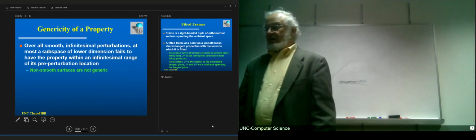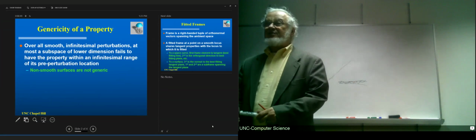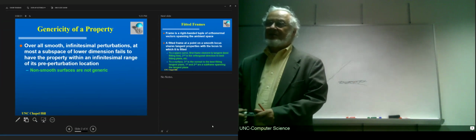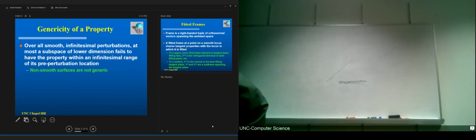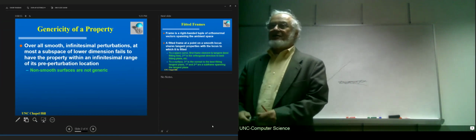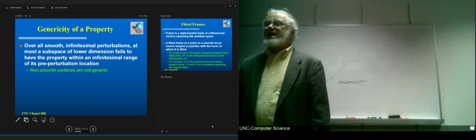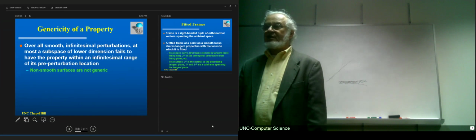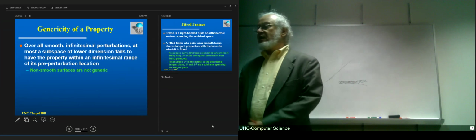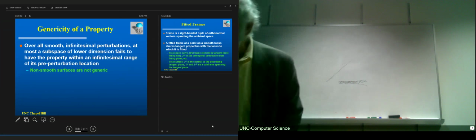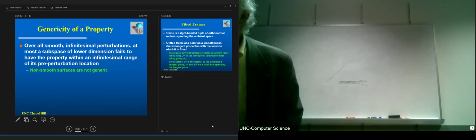Moreover, neither is any flat n-dimensional thing. So a flat surface isn't generic. Doesn't matter. A straight line for a real object is a figment of your imagination.